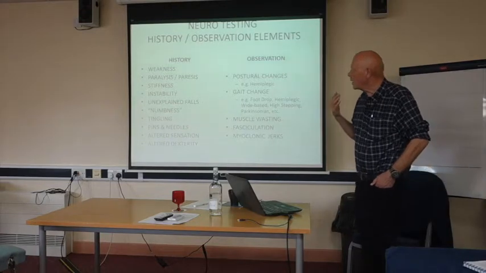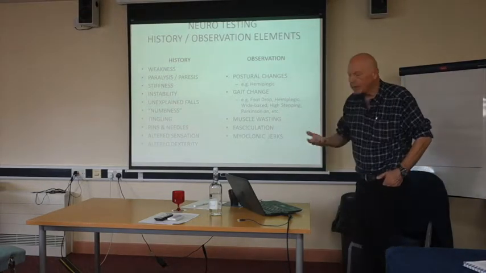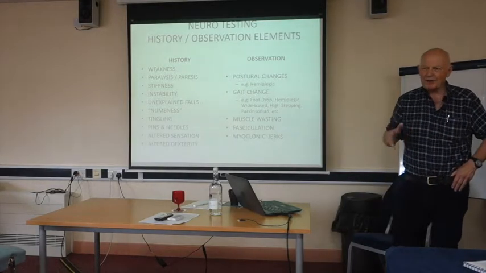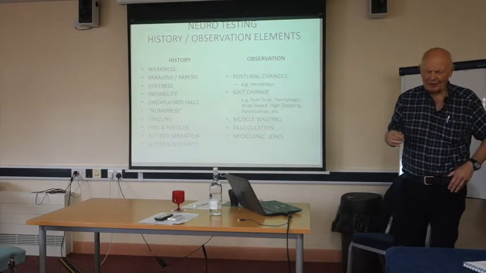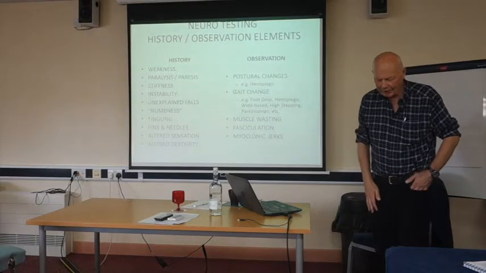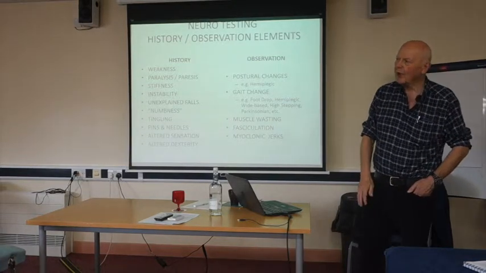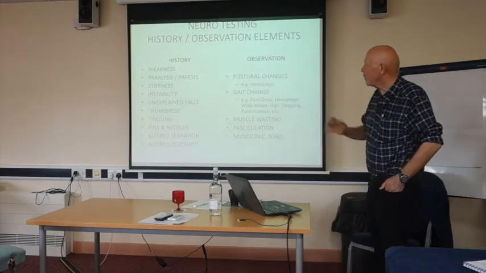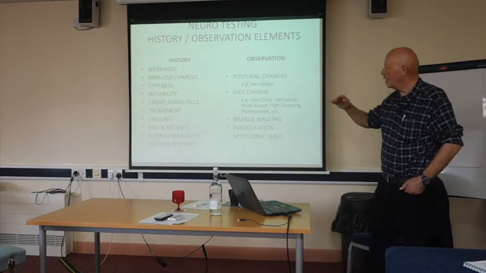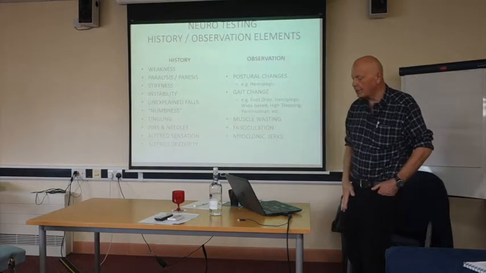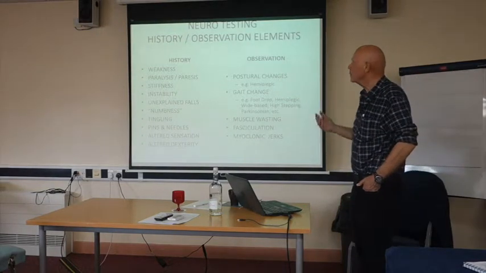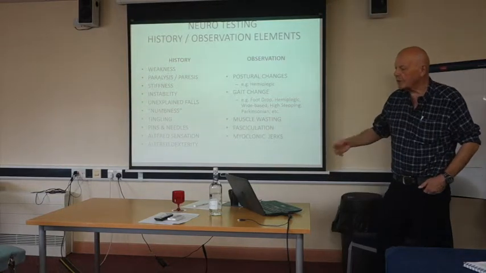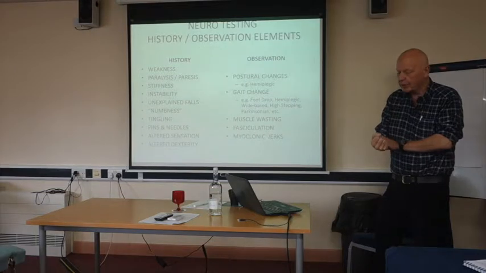If they talk about being unable to move something, that's obviously paralysis, but if it's more, it seems my legs are very heavy, it takes me more effort to pick my knees up, that might make me think of some degree of difficulty moving the muscles, so paresis, paralysis, something like that. Stiffness, we talked about before, about the rigidity.